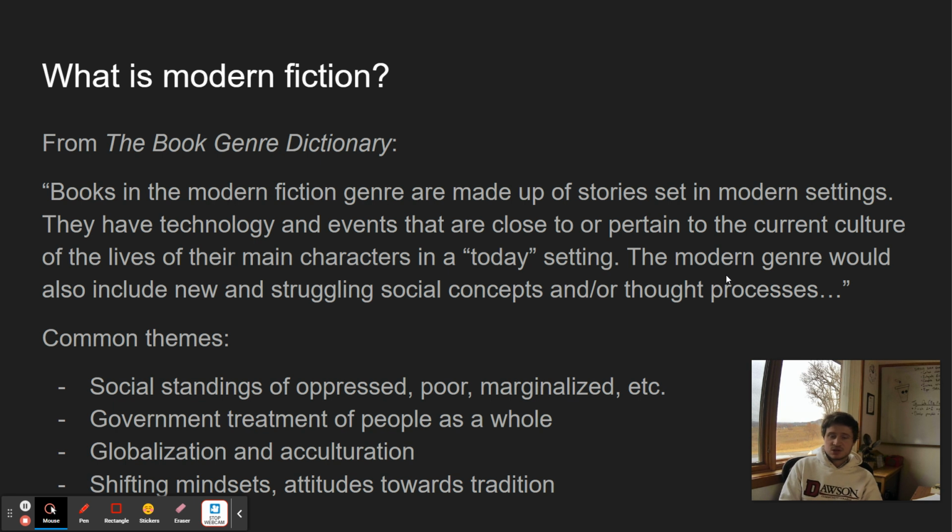Obviously, government treatment is a theme of our dystopias. Globalization and acculturation is a big theme of modern fiction. Shifting mindsets or attitudes towards traditions. These are just examples, right? We're having a lot larger emphasis on theme when it comes to modern fiction rather than sci-fi fantasy. That theme is not really what matters. The entertainment value is what matters, not necessarily if you teach something.